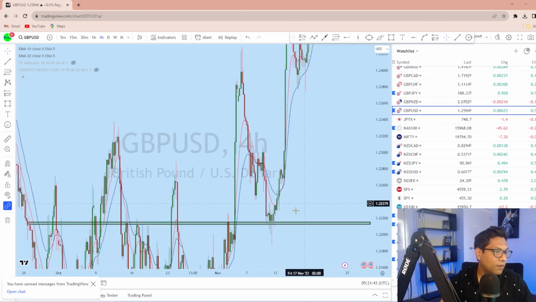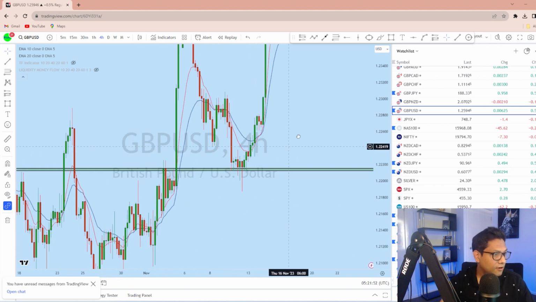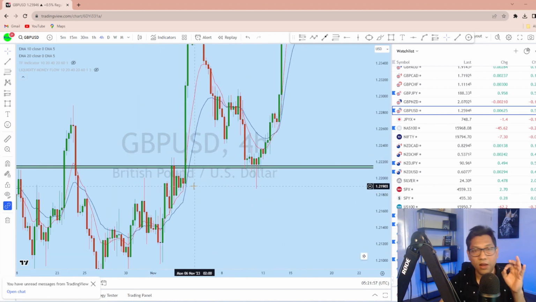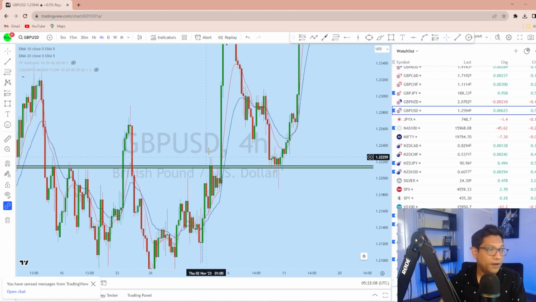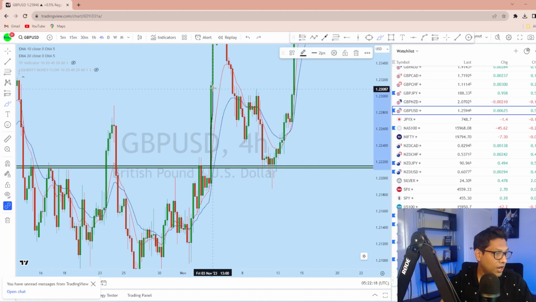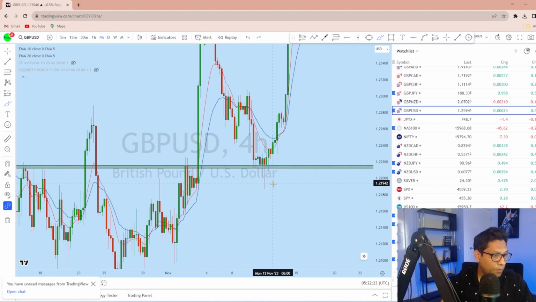The market formed a huge impulse, and again the price came down, created multiple false breakouts, and finally GBP USD managed to come back even below that order block where in the past we saw selling happen. This level acted as a resistance, was broken, came back down and retested that level as a support, and penetrated it multiple times.